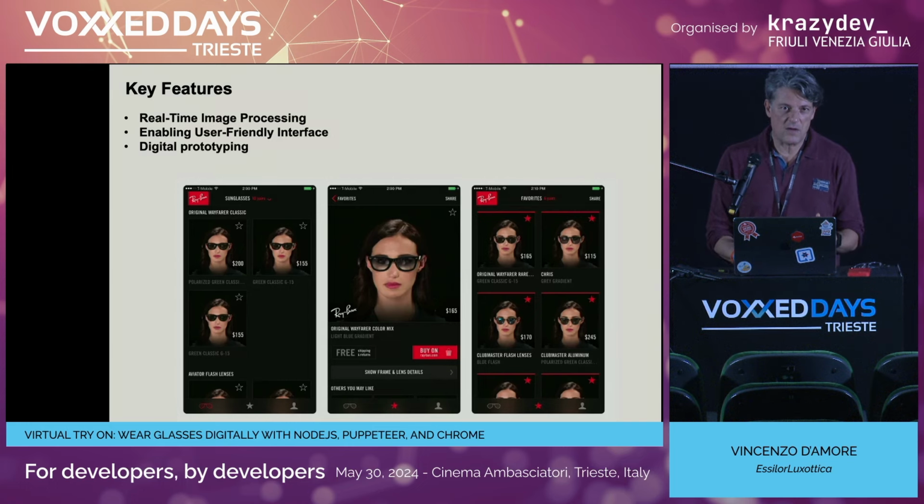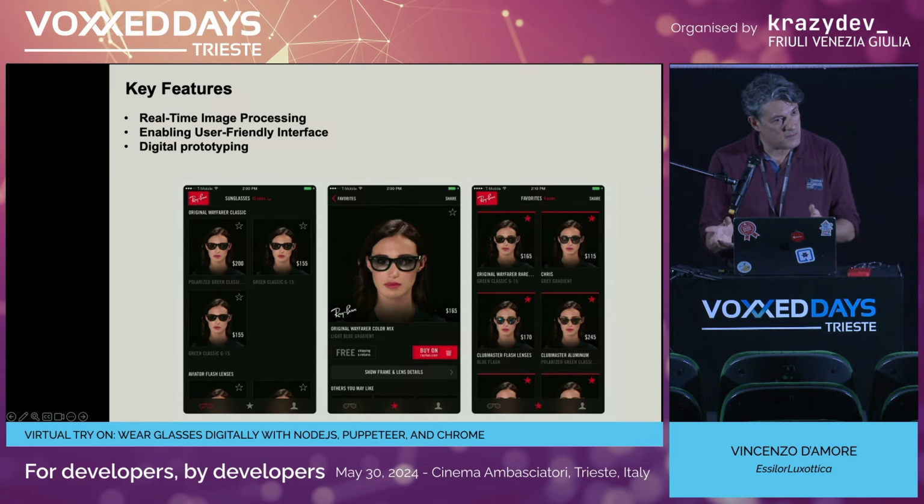We also use this for digital prototyping. We have to produce images of new glasses for the most valuable customers. That's a real problem. In the beginning, our company spent a lot of time producing and building glasses that no one bought.